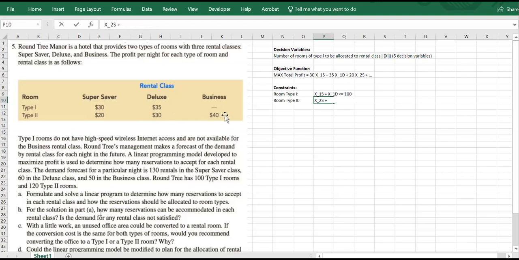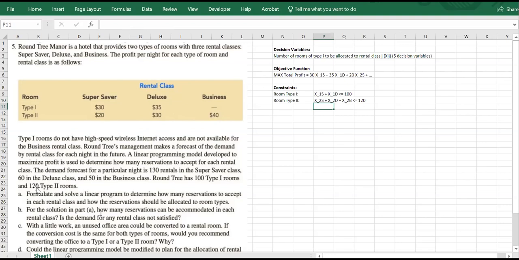These are the total number of room type 2 that are allocated to different classes. X2S plus X2D plus X2B should be less than or equal to 120.